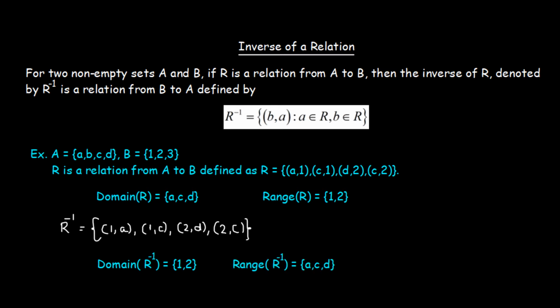Clearly from the two values, we see that the domain of our relation R is equal to the range of the inverse relation. They both have the same set of values, and the range of our relation R is equal to the domain of the inverse relation. So domain of R inverse is equal to range of R.